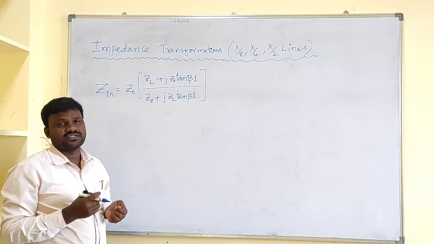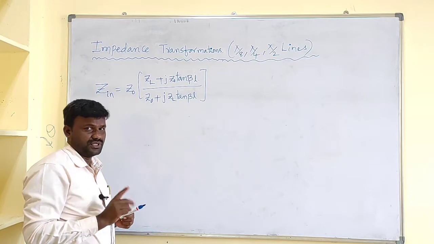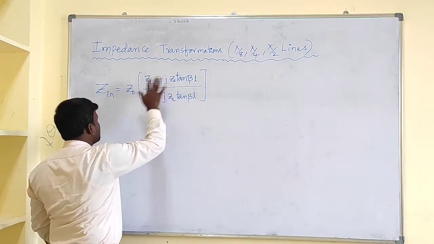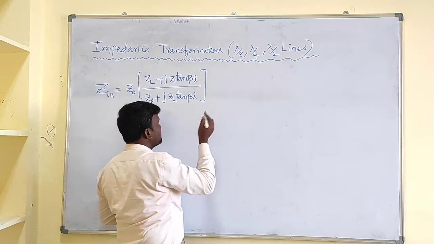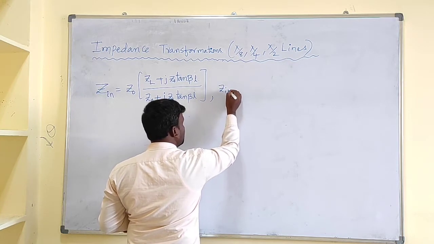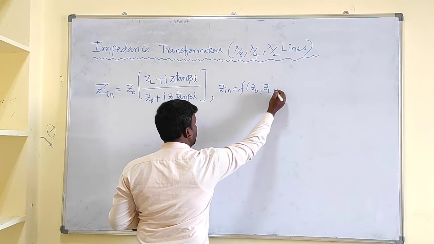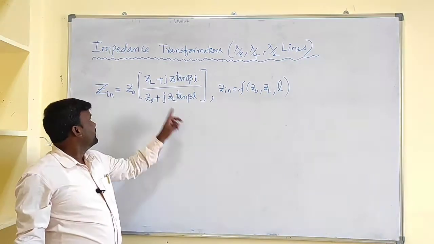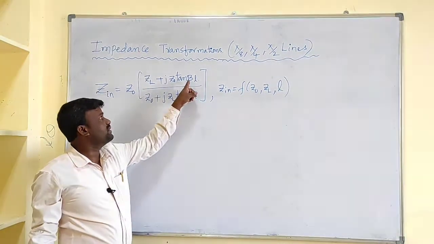Basically, this lossless transmission line is used for power transmission or power distribution. If you see this expression for input impedance, it clearly shows that Zin is a function of Z0, ZL and the length of the line, where beta is constant.